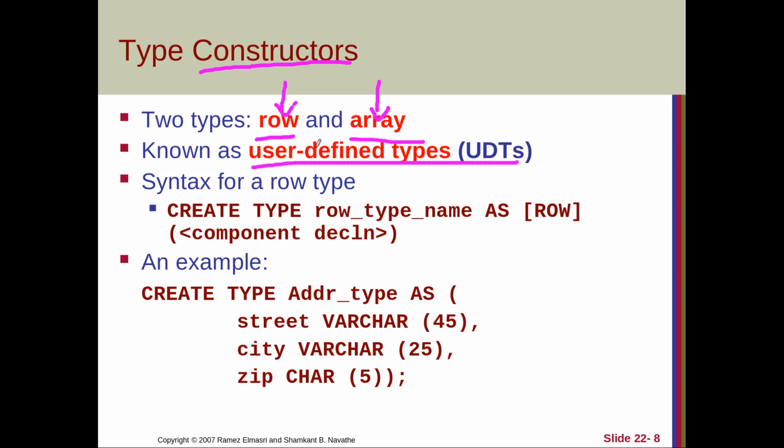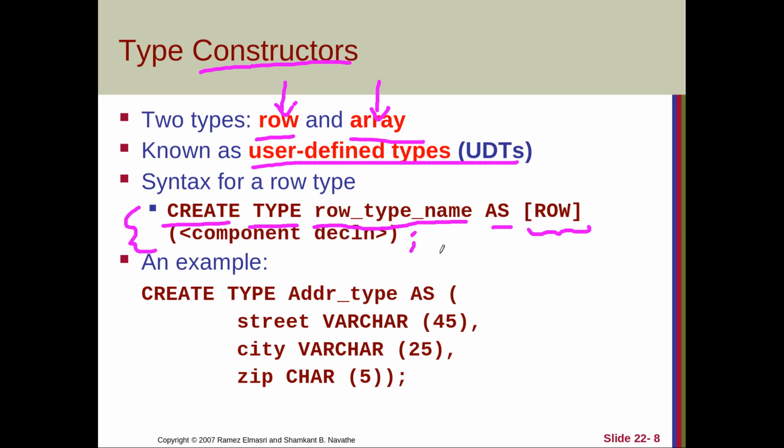Now we will see one example for a row constructor type, how we can create a row type. Let us see this simple example. CREATE TYPE, then the row type name, AS, then within square brackets ROW, then within parentheses the component declarations, then a semicolon.